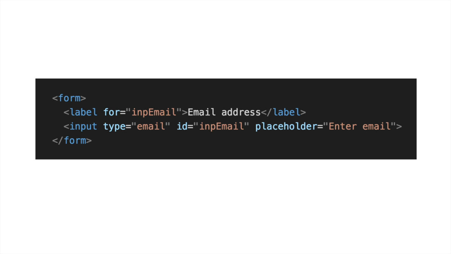So the label basically tells the user what data they need to enter. For example, here he or she needs to enter the email address, and then this is where the email address will be entered. And there is a placeholder. The placeholder is sometimes used instead of the label, or the two are used together.